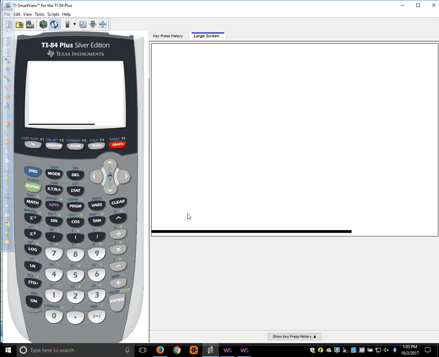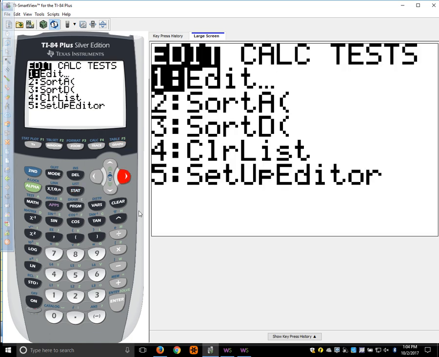So let's come up with a model for that data. Now I'm going to go back to my stat, and I'm going to calculate. Under the calculate, it gives you all kinds of options. This median line, linear regression, quadratic regression, cubic regression, quartic regression.